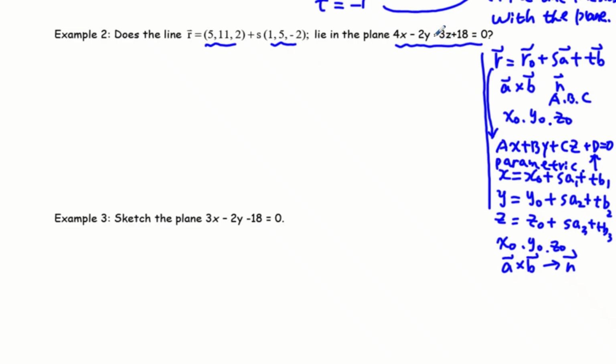If not given in this form, we want you to change it to this equation because it's easier. Then with sub x, y, z, we could solve for the unknown.